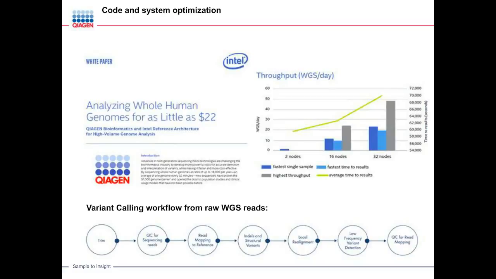I would also like to mention that recently we have done various enterprise-level optimizations together with Intel. So in the fall, we published a white paper around that, where we took focus on the absolute highest throughput that is known, which comes from the Illumina HiSeq X10, which is up to 18,000 whole genomes per year.